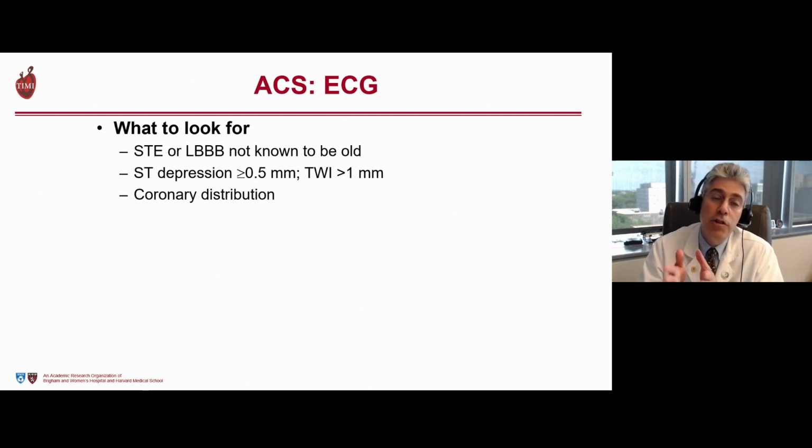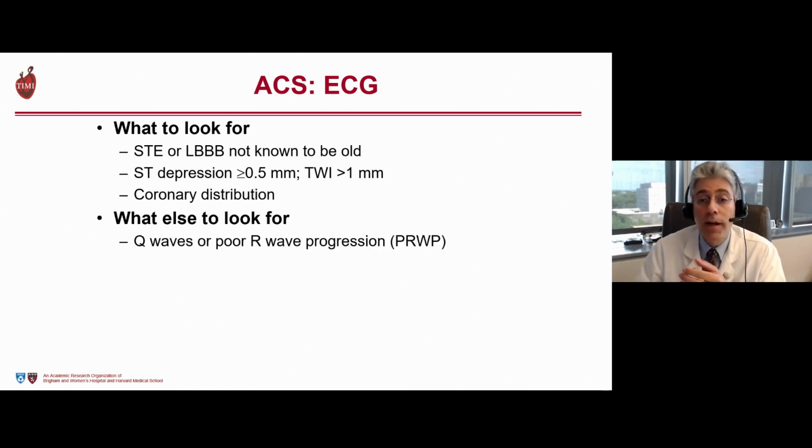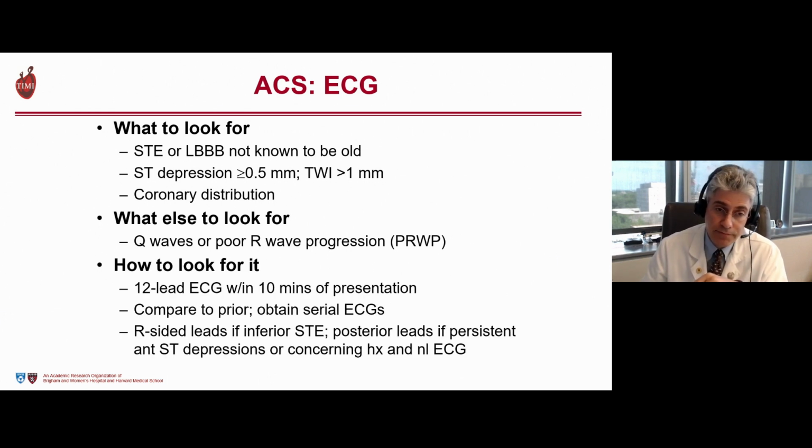And then, of course, we want to look to see that these are in a coronary distribution. What else to look for? Either Q waves, which could be indicative of a late presentation of the current acute coronary syndrome, or perhaps evidence of a prior myocardial infarction, or a form fruste of that, poor R-wave progression.